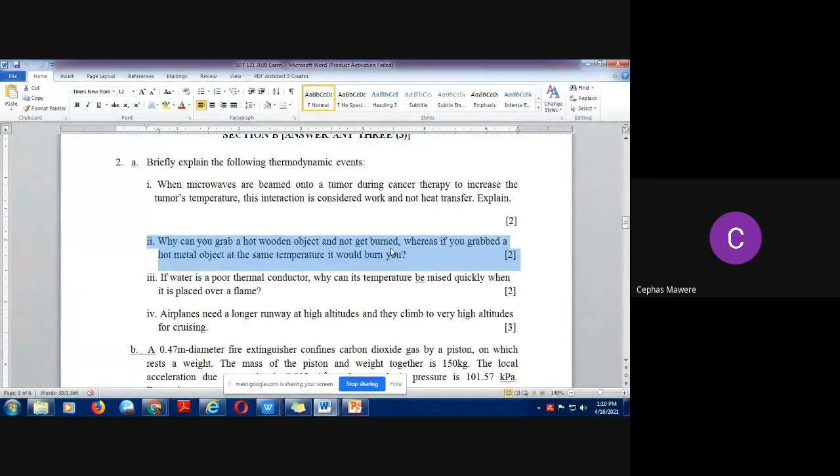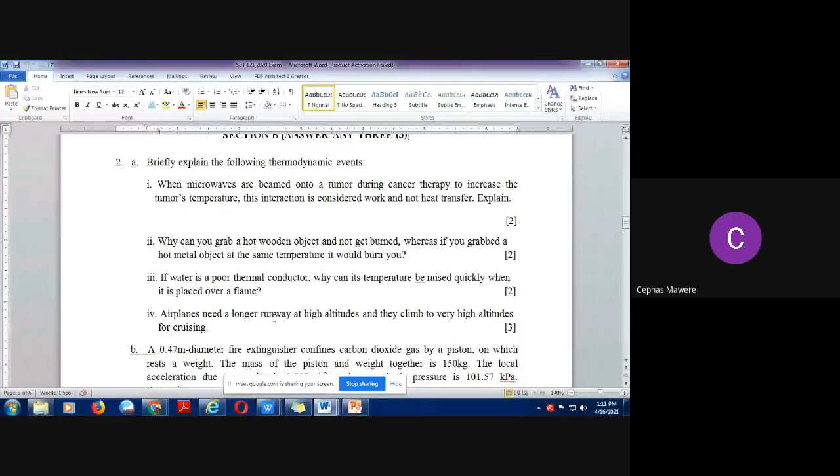So to answer it, you answer with respect to conductivity issues to do with heat transfer mechanisms. A hot metal object is able to conduct heat, whereas wood is a poor conductor of heat. But in the situation where you don't feel any temperature difference, the zeroth law will come into effect. Are we together? Okay.